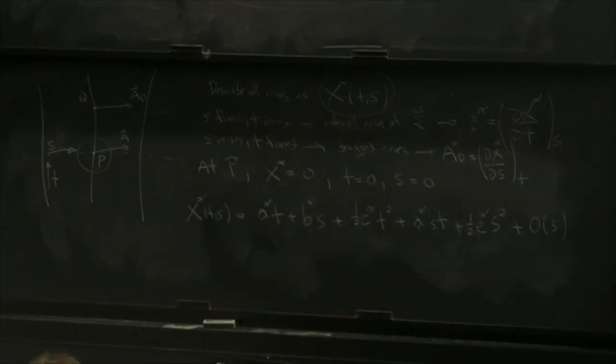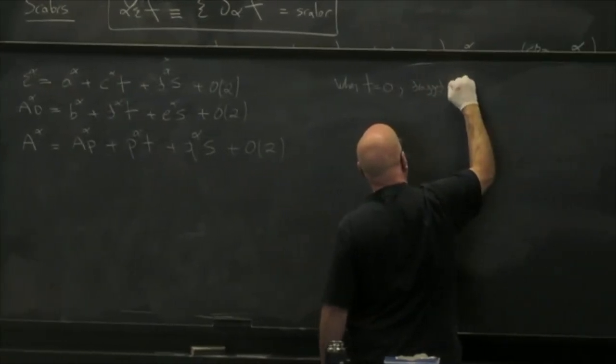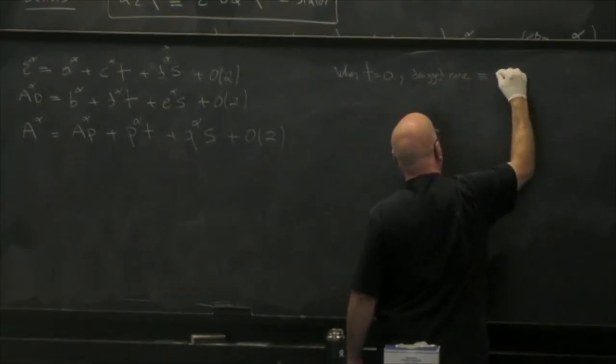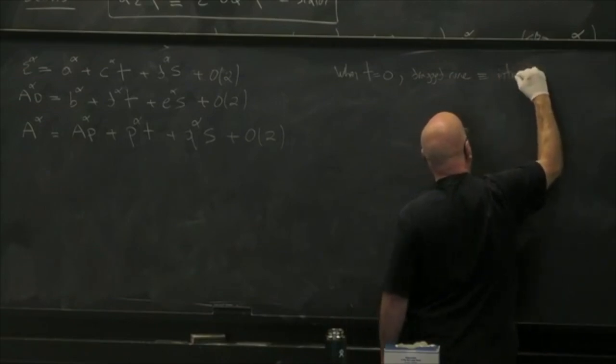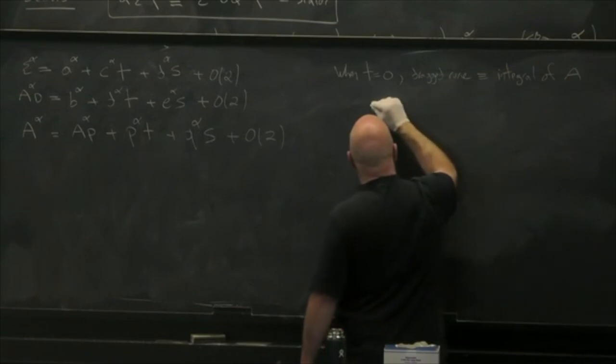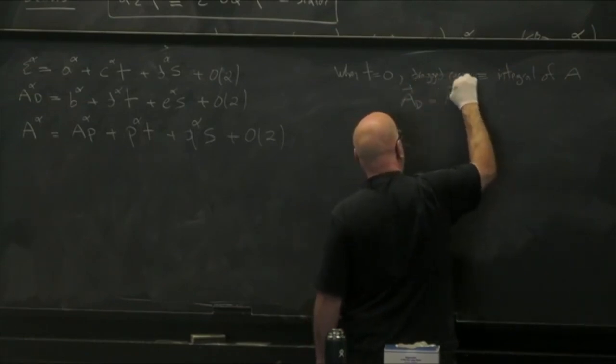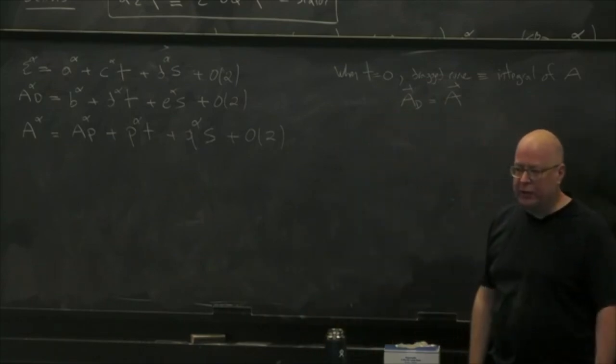So when t is equal to 0, we have that the drag curve becomes identical to the integral curve of A. And as a result, the tangent field to the drag curve becomes the original vector field.